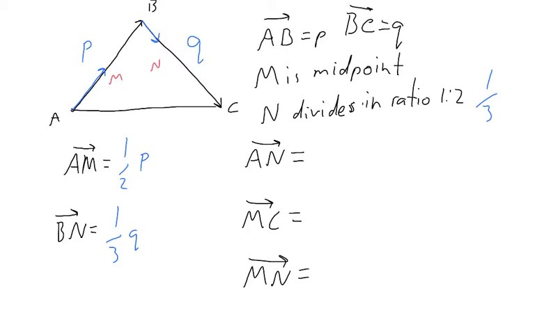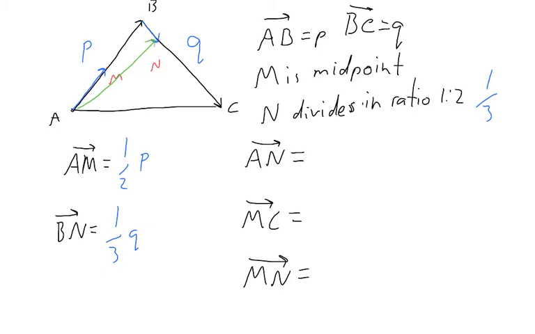That's where N lies. Now, if we were looking at AN, AN is from here to here.